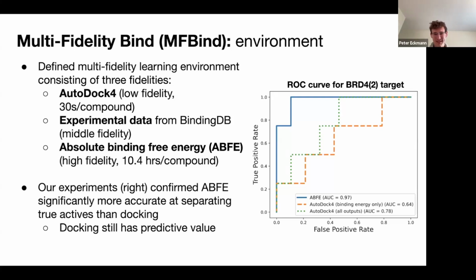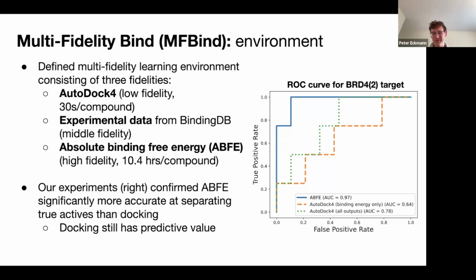So our experiments on the right confirmed that ABFE is significantly more accurate at separating the true actives than docking. You can see we have a ROC curve here for BRD4, which is one of our test targets. ABFE shows strong binary classification performance, but docking, and you can just look at the orange line for now, shows not as good classification performance, but it still has some predictive value.